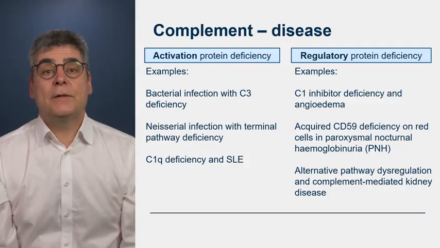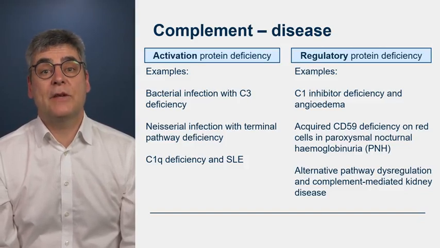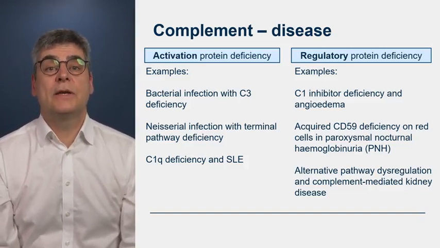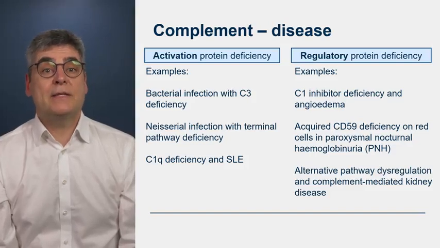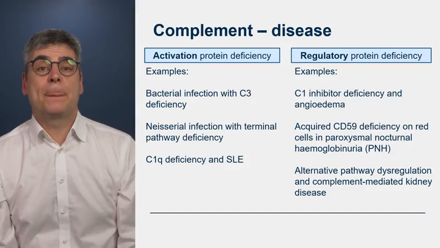We can learn a lot about the function of complement by studying individuals with either activation protein deficiency, too little complement activation, and those with regulator protein deficiency, too much complement activation.